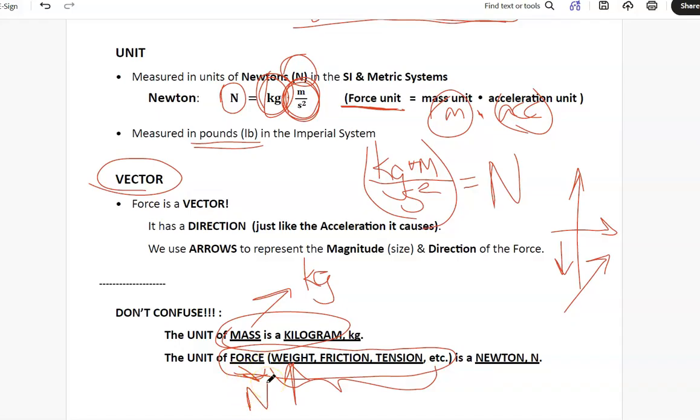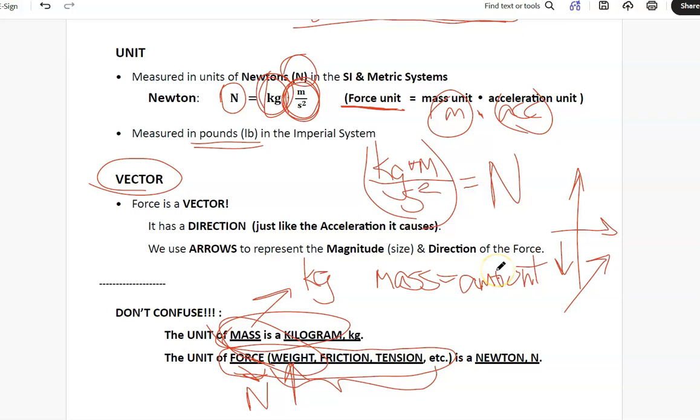Now, you might say, well, wait, I thought mass and weight are the same thing. In everyday English they might mean the same thing, but in the sciences, they do not. They are very different things. Mass is how much matter, the amount of matter in an object.